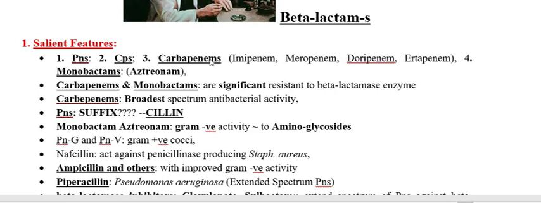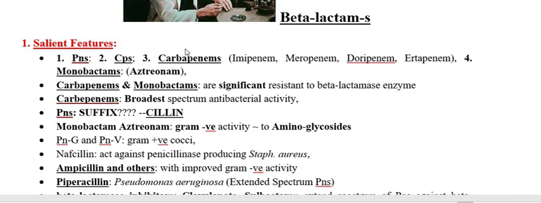The third one is the carbapenems and the fourth one is monobactam. These two are somewhat resistant towards the beta lactamase enzyme. Later on we will also discuss what the beta lactamase enzyme is.